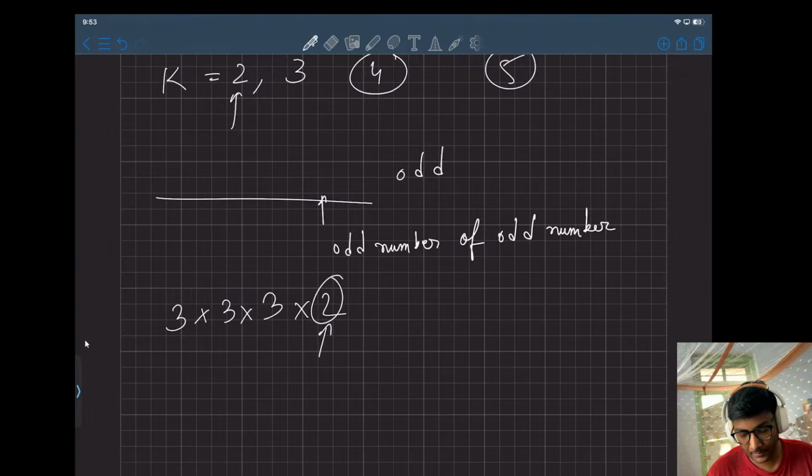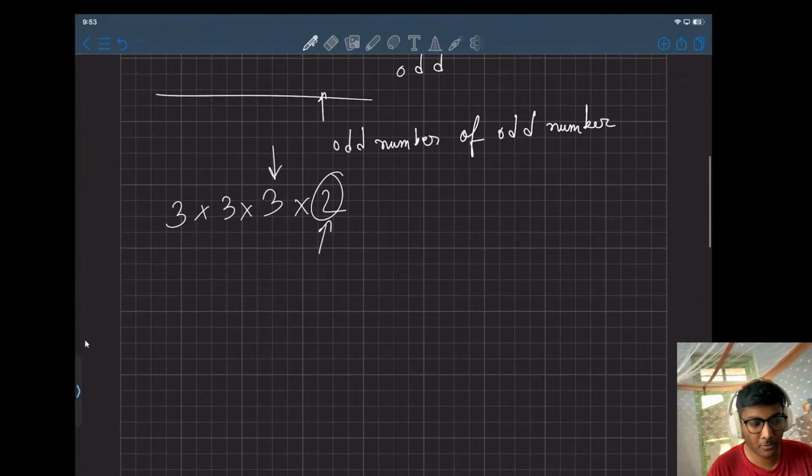So that will be divisible by 2. Otherwise, if all of them are odd, I can increment any one of them. So first I will compute the product and check if it is odd. If it is odd, then my answer is 1, because I can increment any of the elements by 1 and that will make that number even. So that is the solution for k equal to 2.